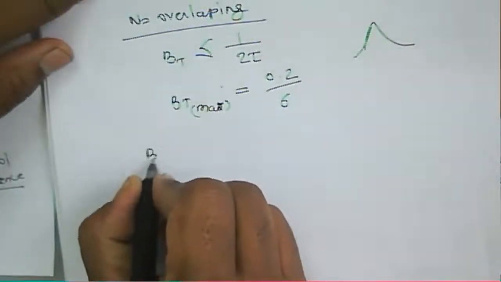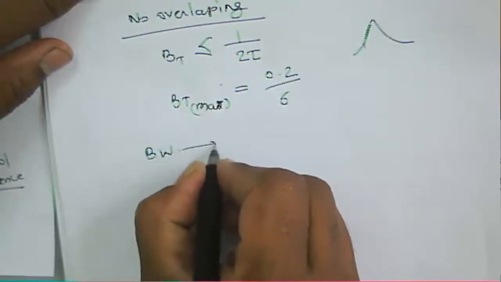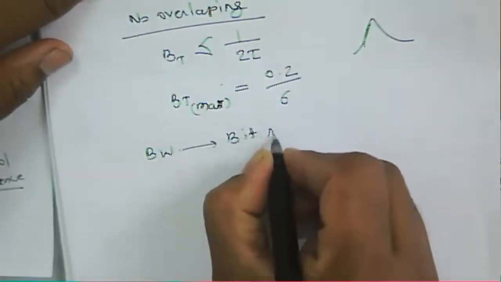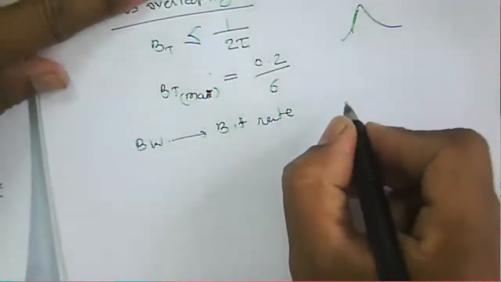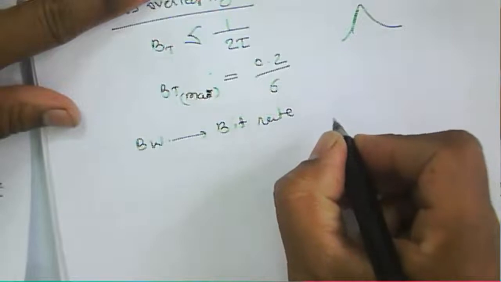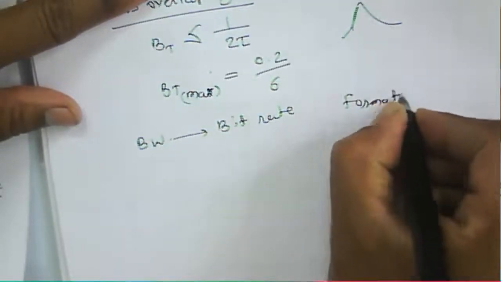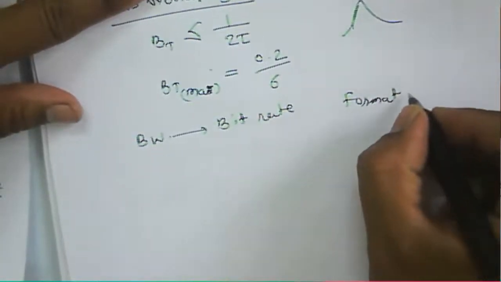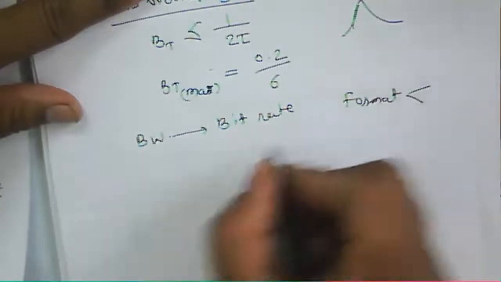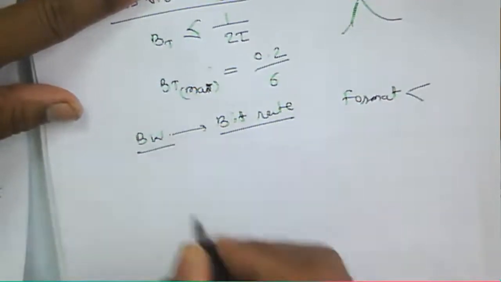And if you consider it in terms of bandwidth, we can relate the bit rate with the bandwidth here. For that purpose, we should know what format we are using for sending the pulse. Depending upon that digital format, we can calculate the bit rate, or we can calculate the bandwidth.